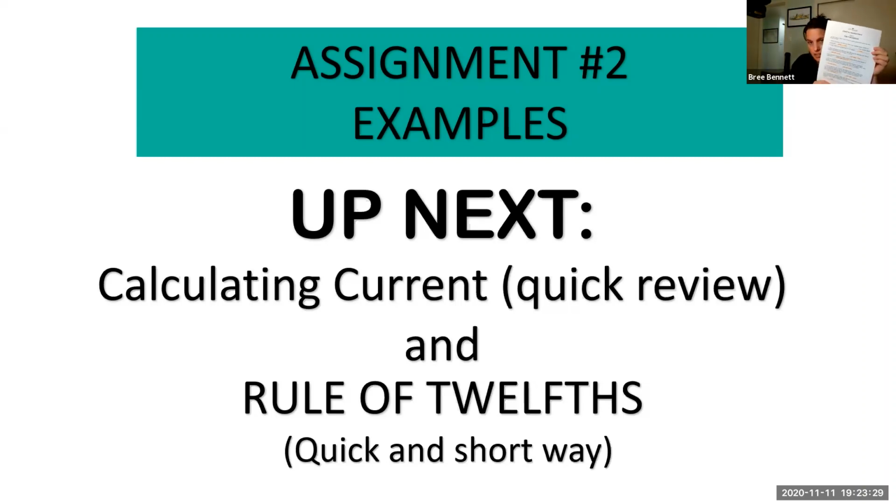We're going to do this together as a class. And then after we do that, we're going to do a quick review on calculating current, and then the rule of 12s. So we're going to do it the hard way first, and then learn the quick and short way with the rule of 12s. So grab your assignment stuff, and we'll come back at 7:30.